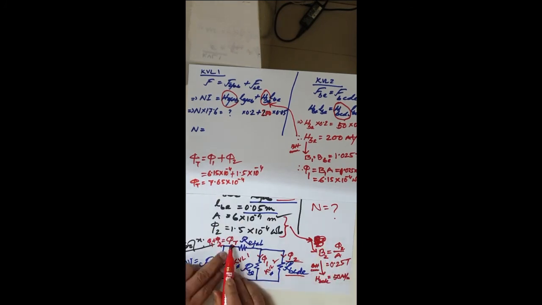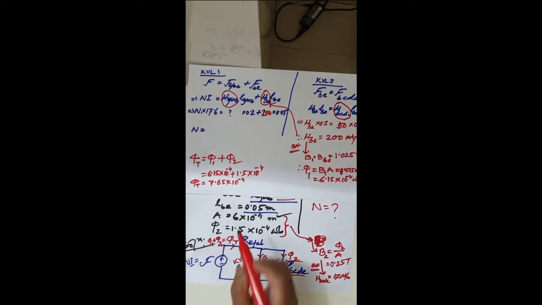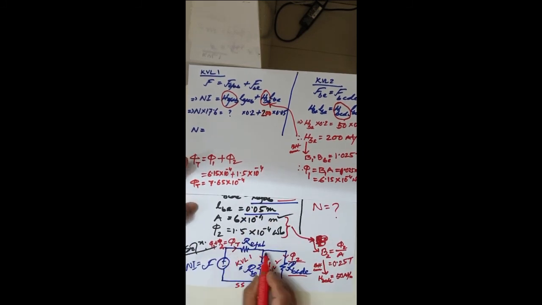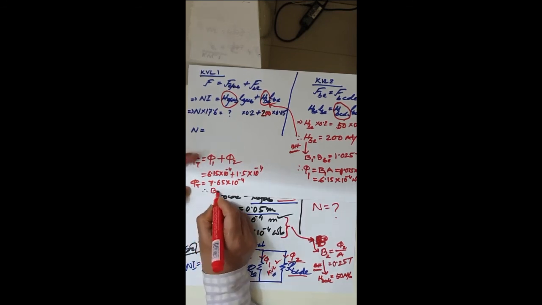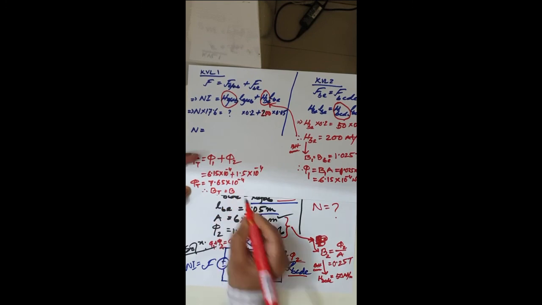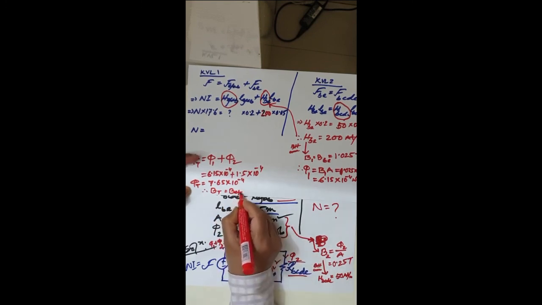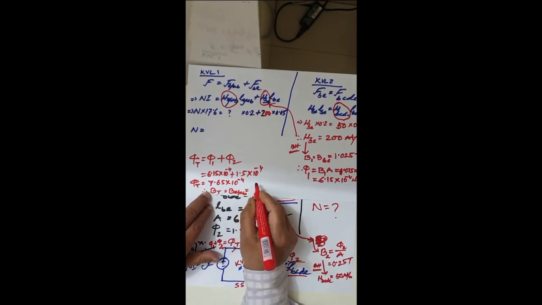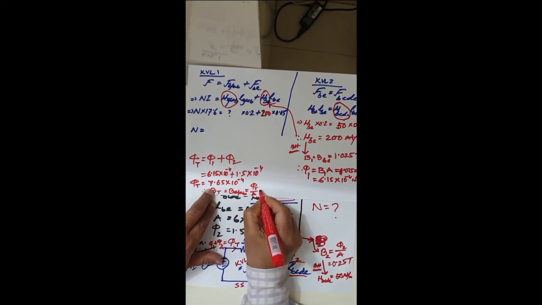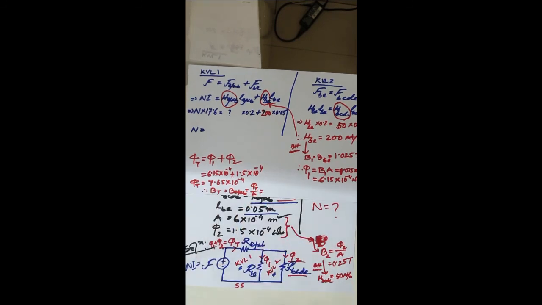And phi t is going to give you the value of BT, or BEFAB. The formula, you know, is phi t by A, the flux density.